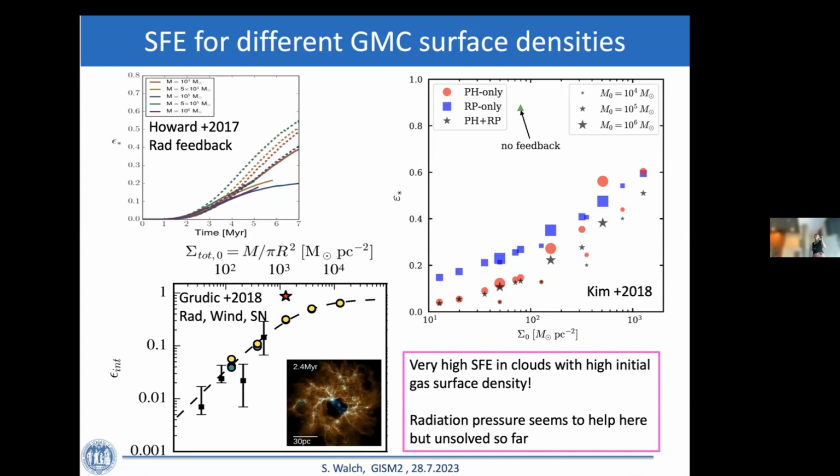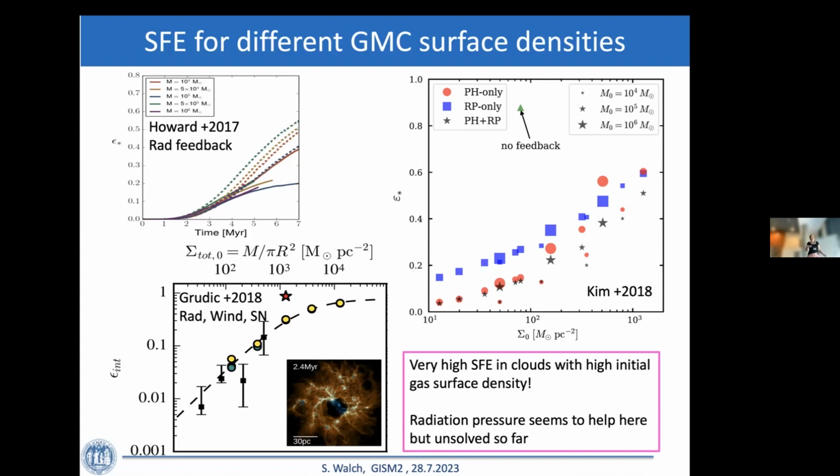And for our individual cores, this is not such a big problem. But for whole clouds, this is a problem because overall, most stars form in massive clouds. And we want to have low efficiency overall on the large scales. And so I think this is still something we need to figure out. We need to figure out how much feedback comes from the small scales where we form the stars inside the cores out to the larger scales.